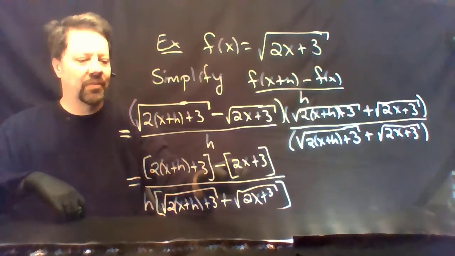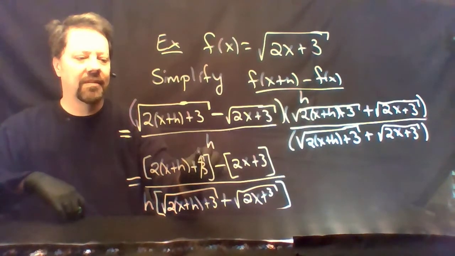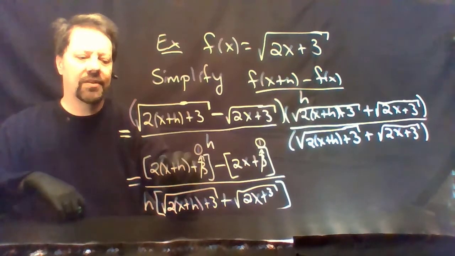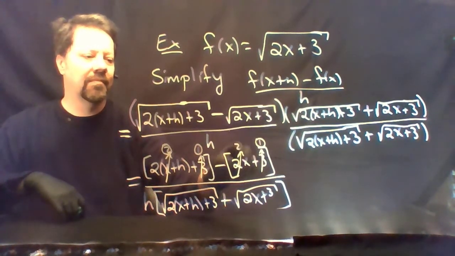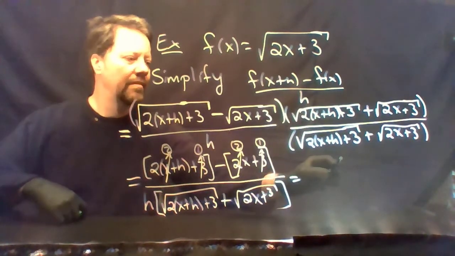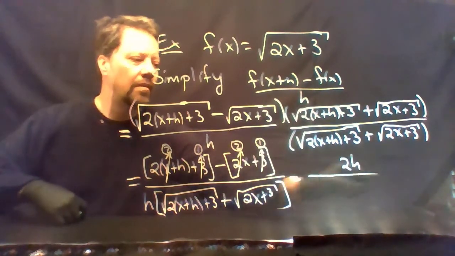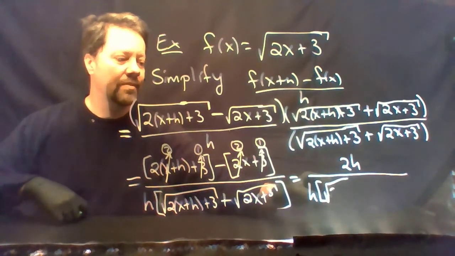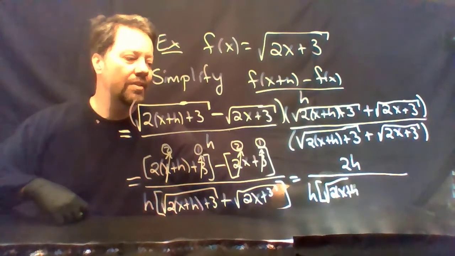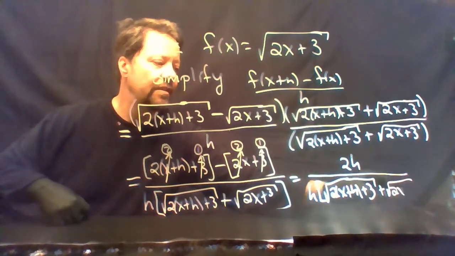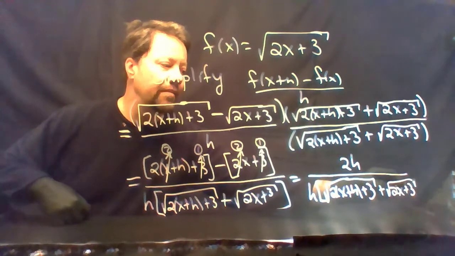Now, we get certain terms to cancel. The 3's will cancel. The 2x also cancels. What's left is 2h over h times the rest of the denominator, square root of 2 times x plus h plus 3 plus the square root of 2x plus 3.